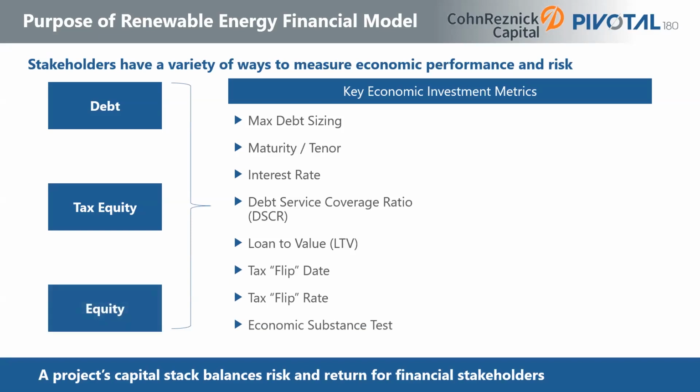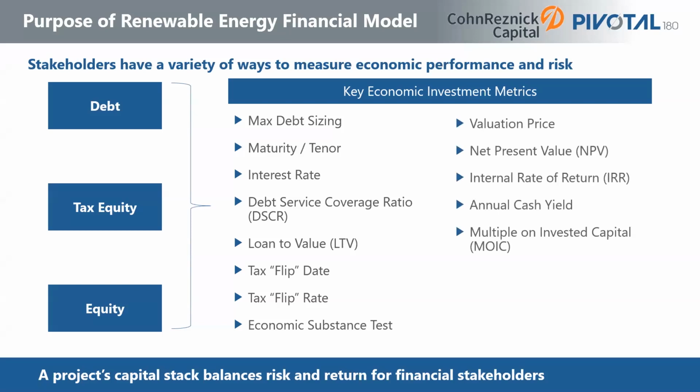Equity is the last to receive cash in the project waterfall. After all the stakeholders have received their claims, equity will be able to observe the most upside and downside of the stakeholders. Equity is most interested in metrics like valuation, net present value, IRR, cash yield, and MOIC.